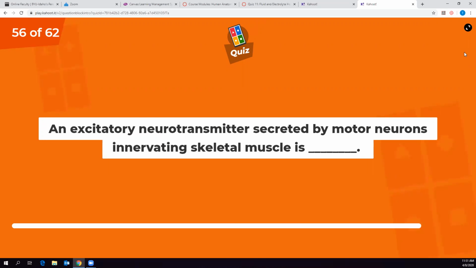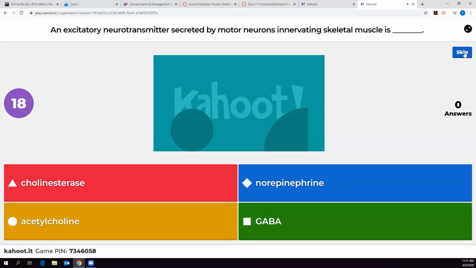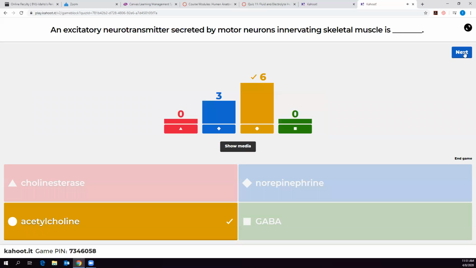Okay, excitatory neurotransmitters secreted by motor neurons innervating skeletal muscle, so it's getting the muscles to contract, is what? Yep, is acetylcholine.